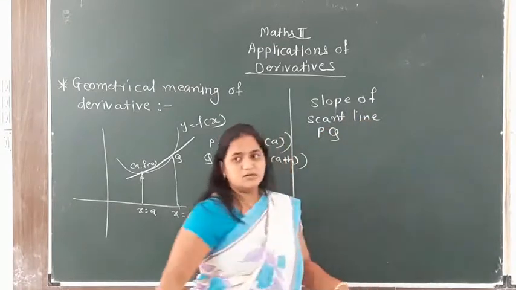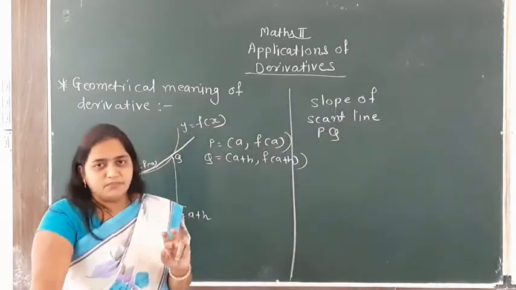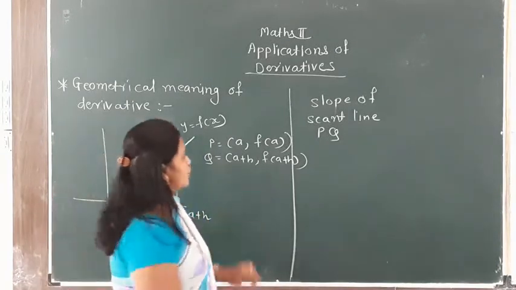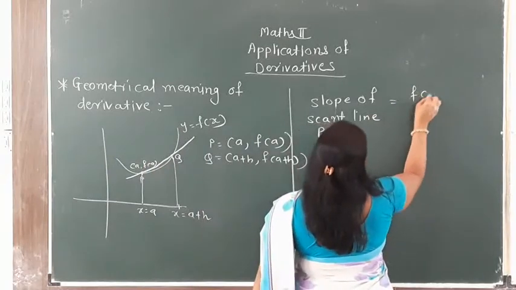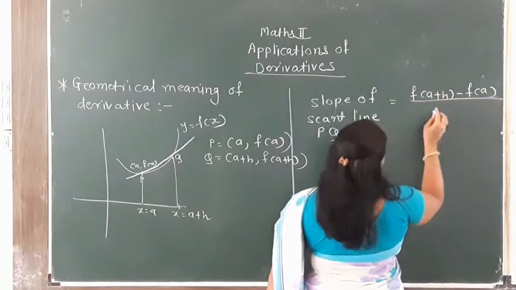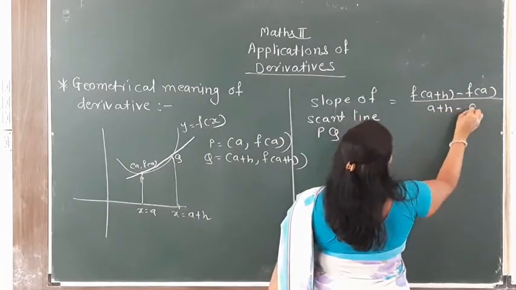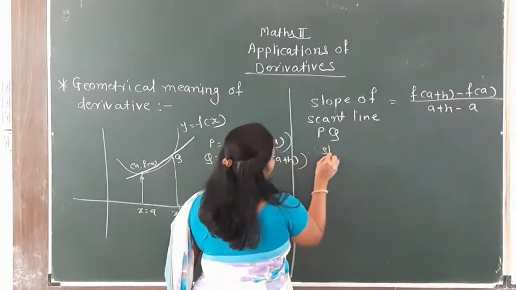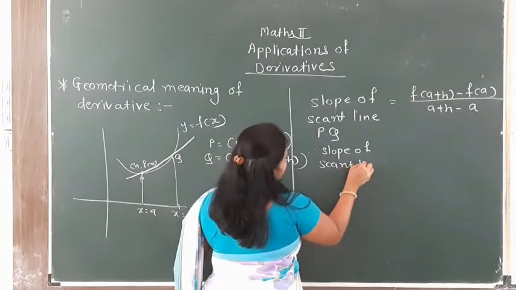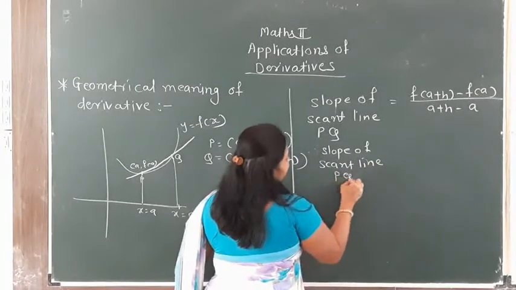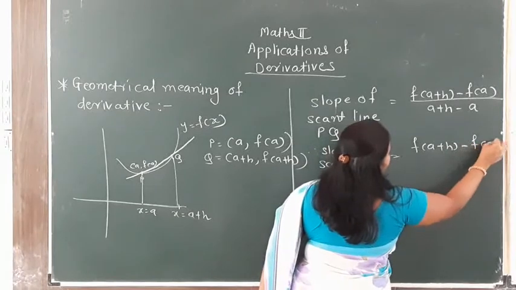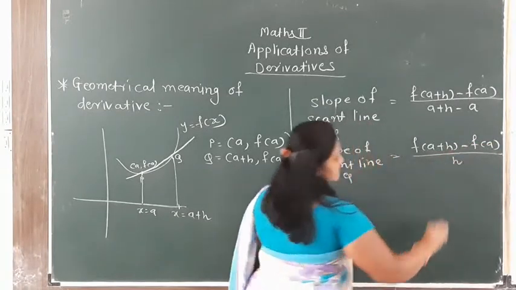By using the two-point formula, y2 minus y1 divided by x2 minus x1, we get f of a plus h minus f of a divided by a plus h minus a. Therefore the slope of the secant line PQ is equal to f of a plus h minus f of a divided by h.